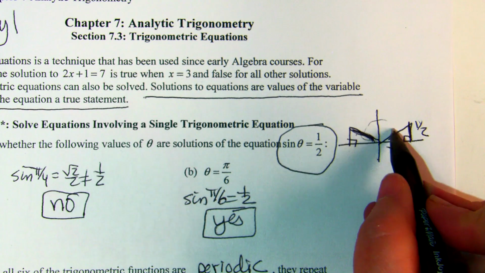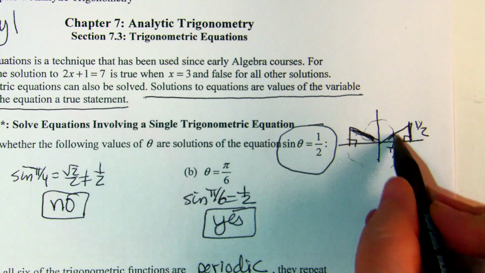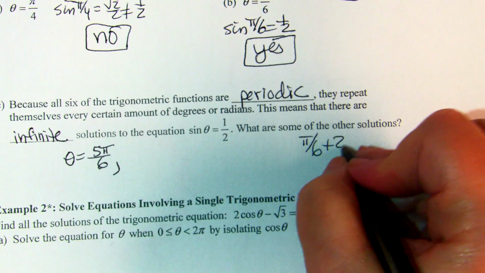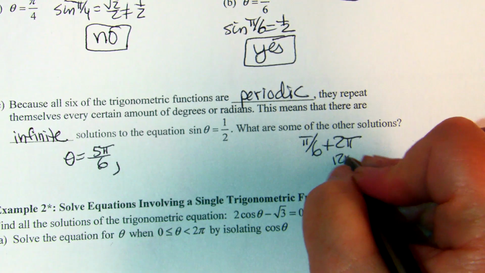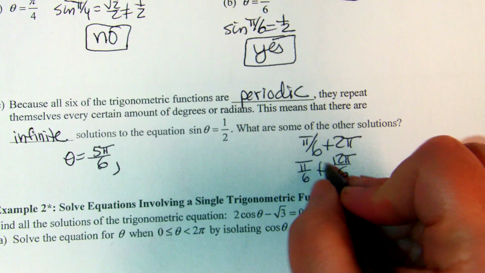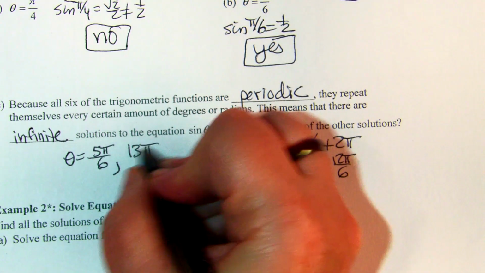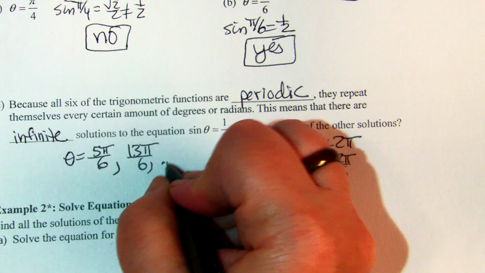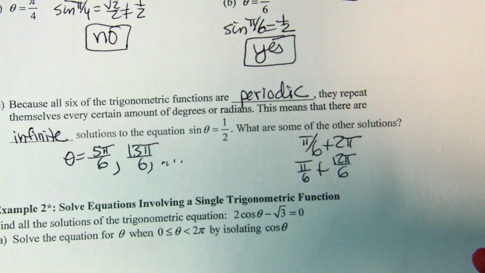If you go around the circle one time and add 2 pi, if you take pi over 6 and add 2 pi, which is 12 pi over 6, you get 13 pi over 6. There's an infinite number of answers that you can get.